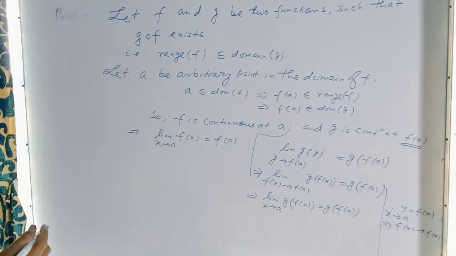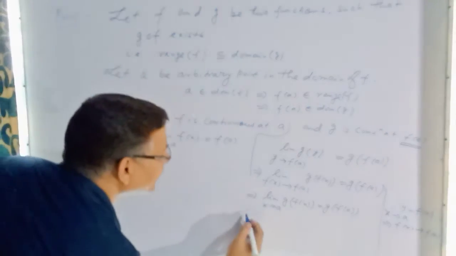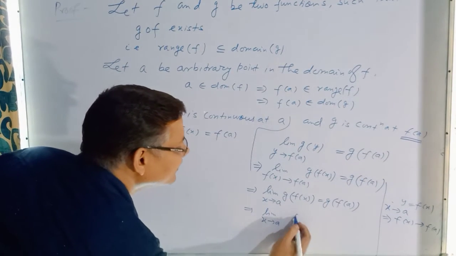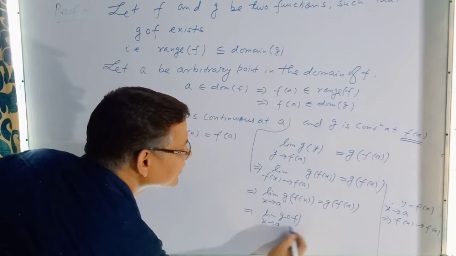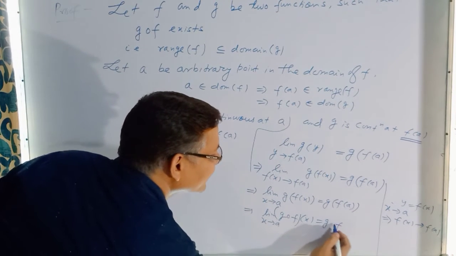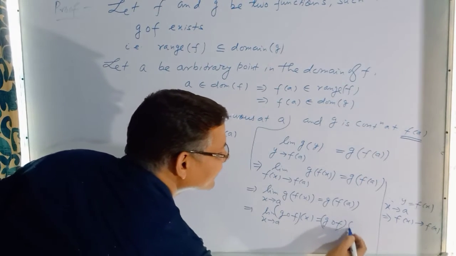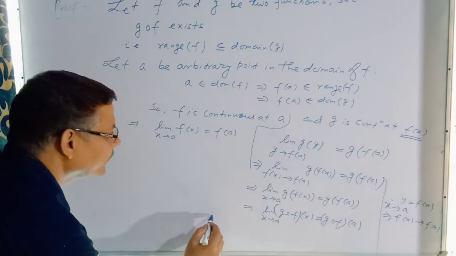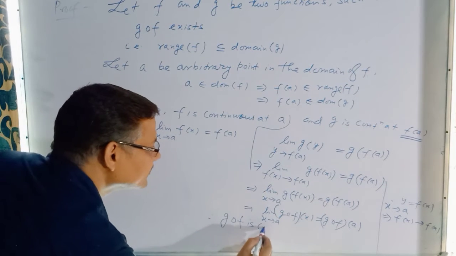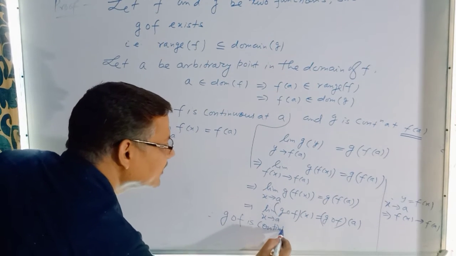Okay, now it can be written as: it implies limit x tends to a, g composition f (x), is equal to g composition f (a). Therefore g composition f is continuous.